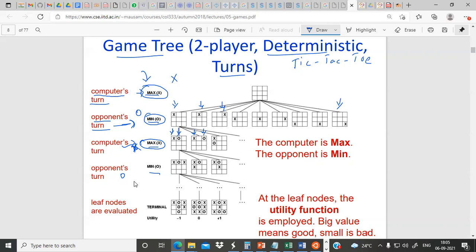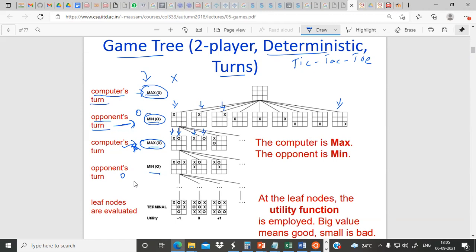So for each of these 9 possibilities of the computer, sorry, for each of these 8 different possibilities of the opponent, the computer can make 7 different moves.